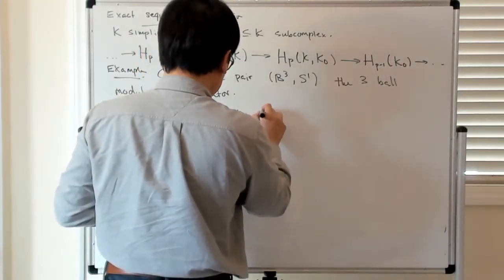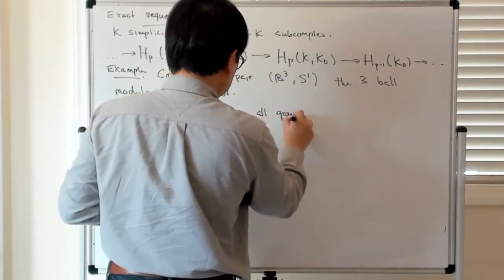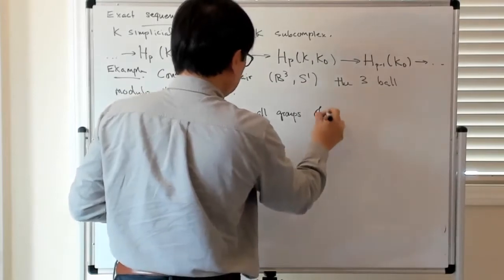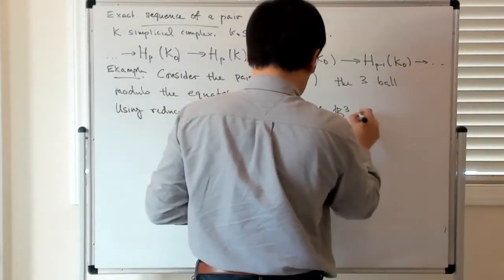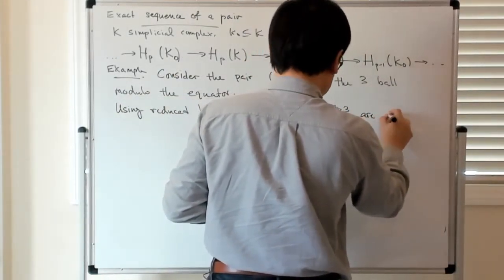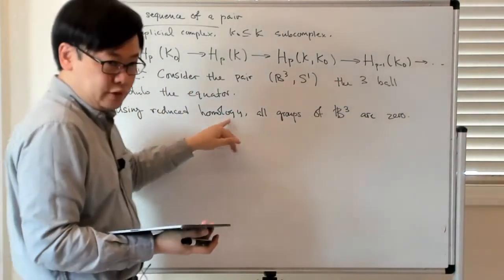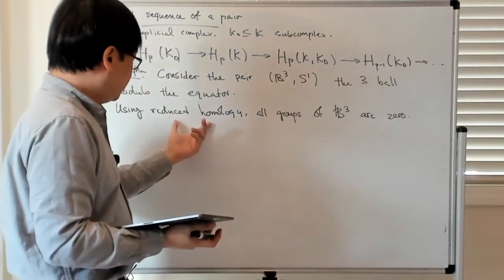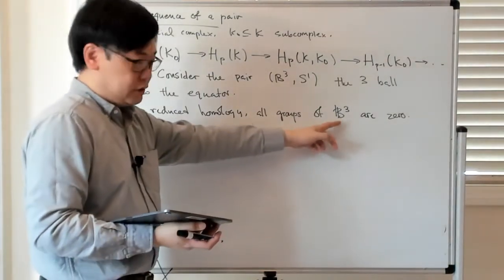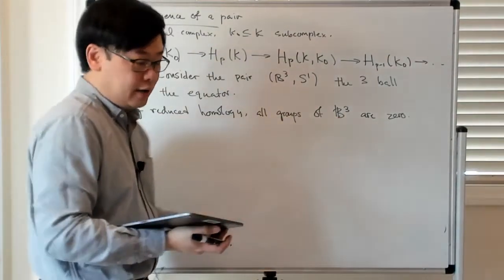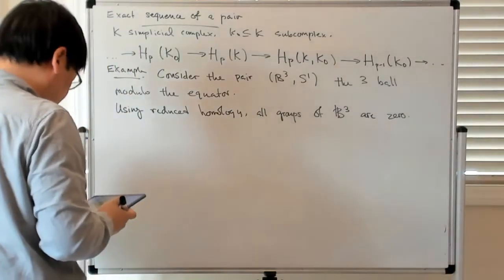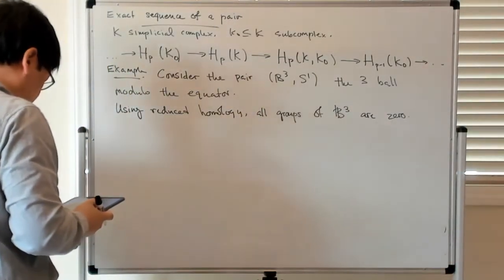right? All groups of the ball are trivial. Okay, and in fact, of course, if you recall, that's the reason why we introduced the idea of reduced homology. It's just so that things which are contractible have trivial reduced homology, right?